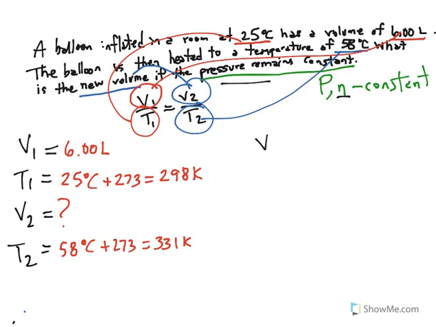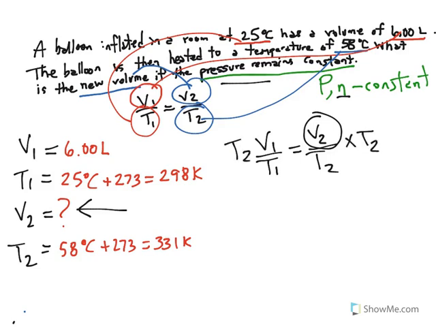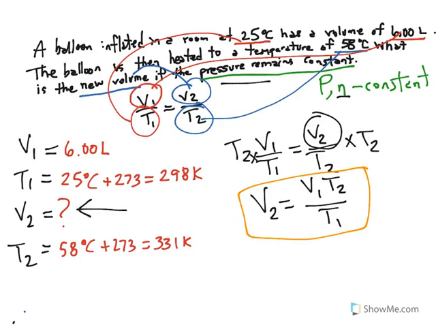So if we look at our equation, V1 over T1 equals V2 over T2, and we're solving for V2, why don't we just isolate V2 and rearrange the equation? If V2 is being divided by T2, we can multiply both sides by T2, and our equation will be V2 is equal to V1 times T2 over T1. So this is what the equation will look like when we're trying to solve for a new volume.